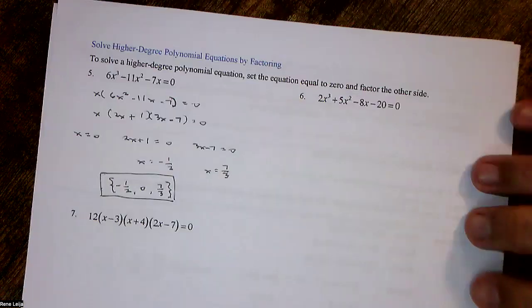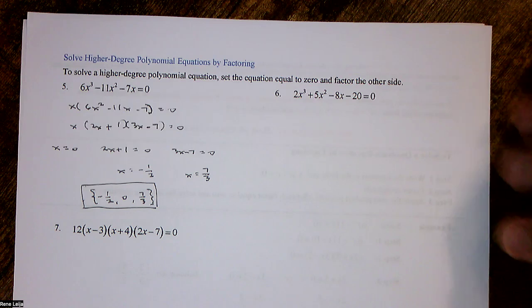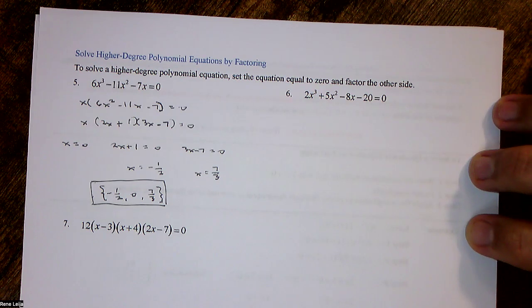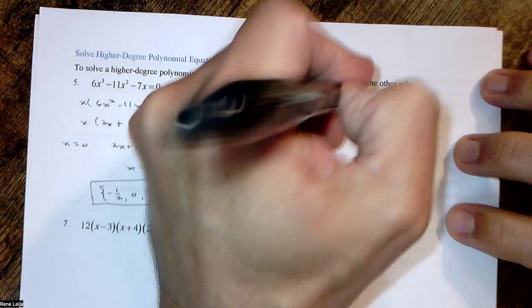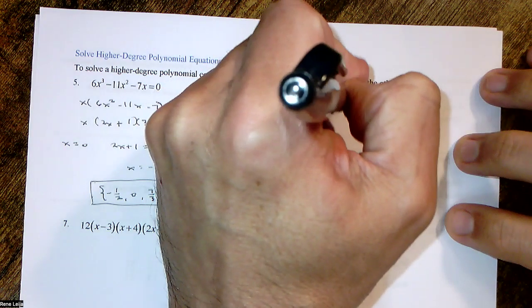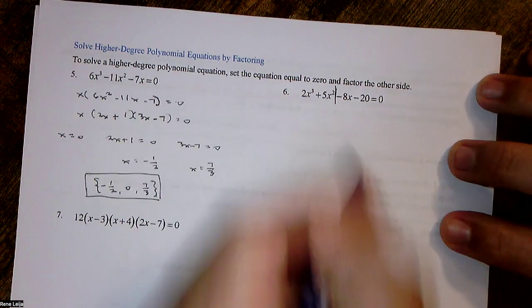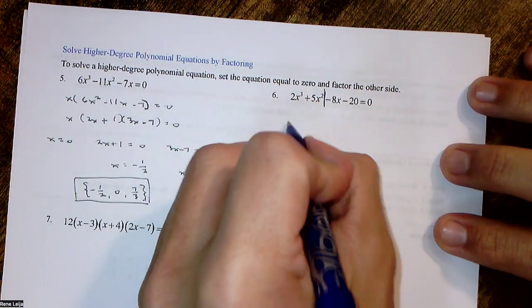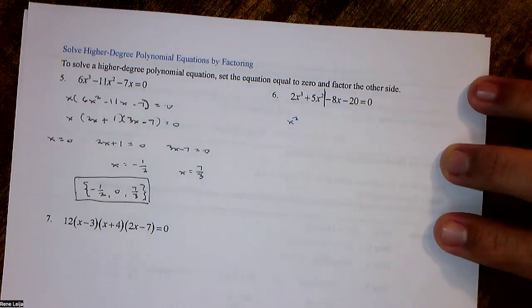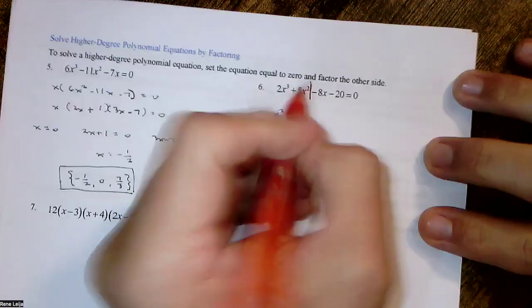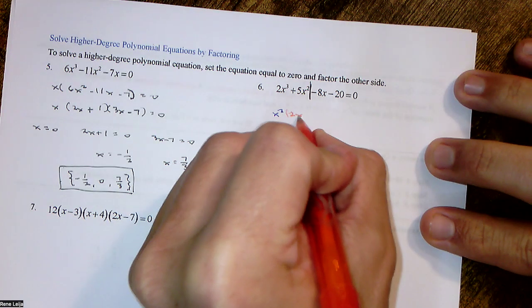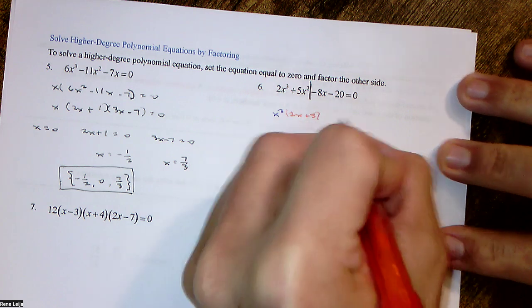Okay. All right. Now, number 6, we have a degree 4 polynomial. Anytime you have 4 terms, we're going to factor by grouping. All right. So out of the first 2 terms, I can take an x squared out, and I'm left with a 2x plus 5.